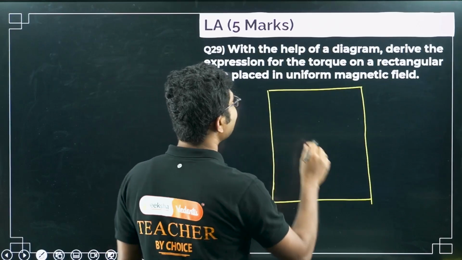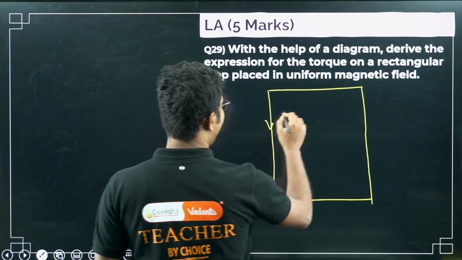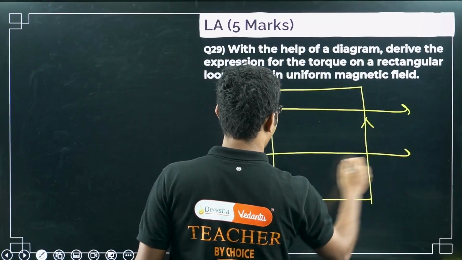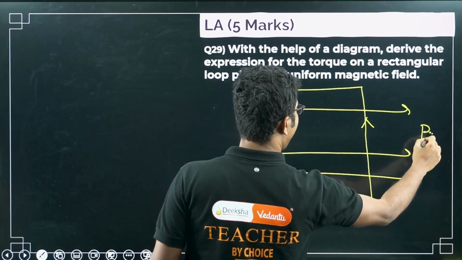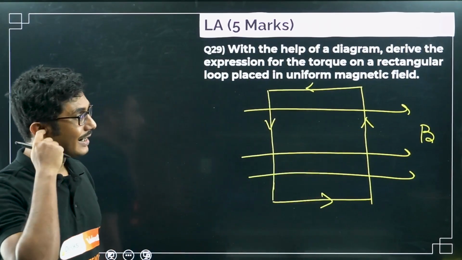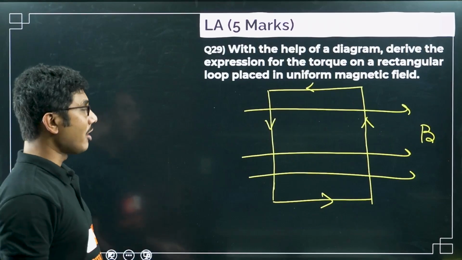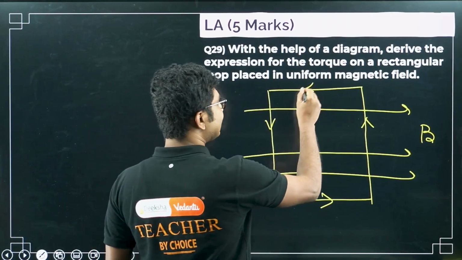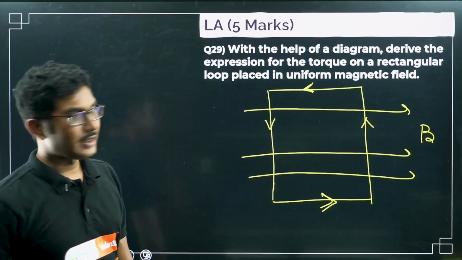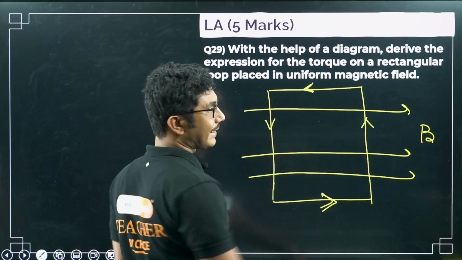So if you place the current carrying wire in a magnetic field, as you can see, if this is a current carrying rectangular coil, then these currents are parallel or anti-parallel to the magnetic field, so there will be no force acting on these.